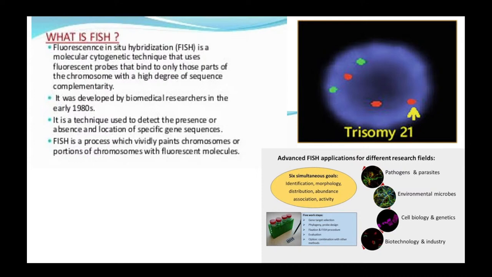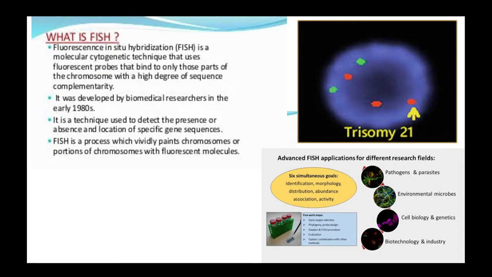Molecular cytogenetics includes fluorescence in situ hybridization, which has the name FISH. This is a molecular cytogenetic technique which uses fluorescent probes which bind to only those parts of the chromosome which have a high degree of sequence complementarity.